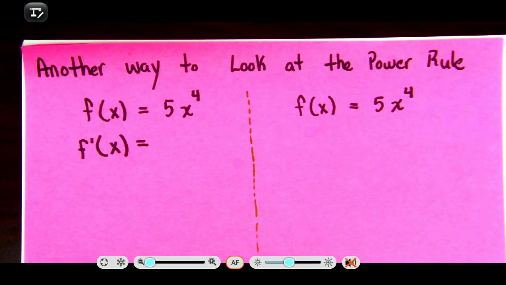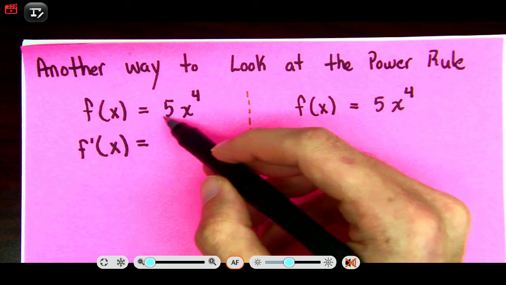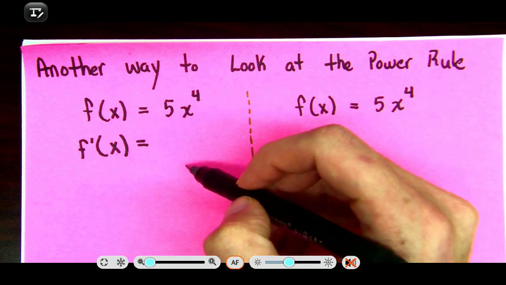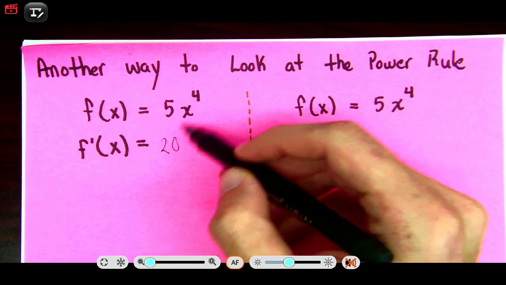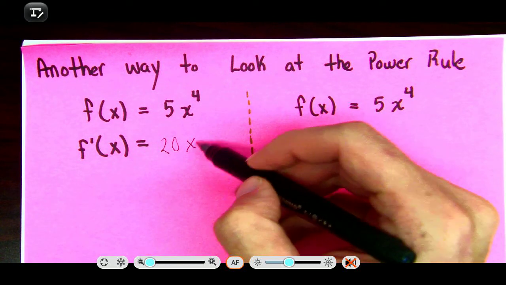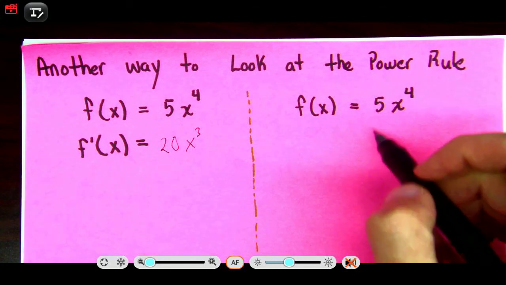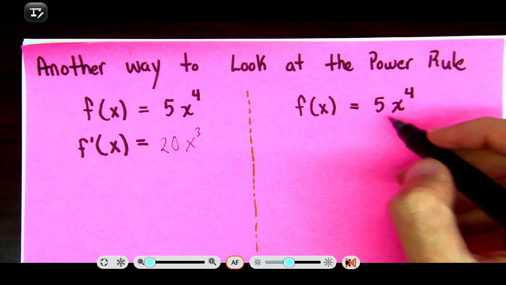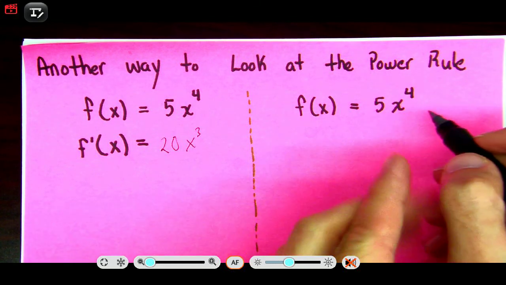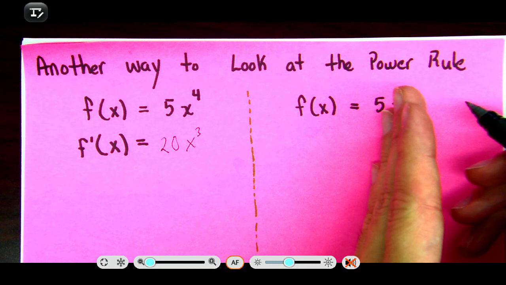So you're so used to doing this, where, okay, if I said, hey, find the derivative of 5x to the fourth, you're used to doing, okay, 4 times 5 is 20, then 4 minus 1 is 3, so this is just 20x to the 3. And you're correct. Another way of looking at this, though, is, if I said find the derivative, you're allowed to, this is the ninja move. You take the 5, bring it to the side.